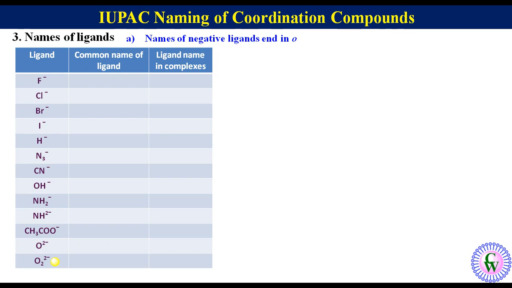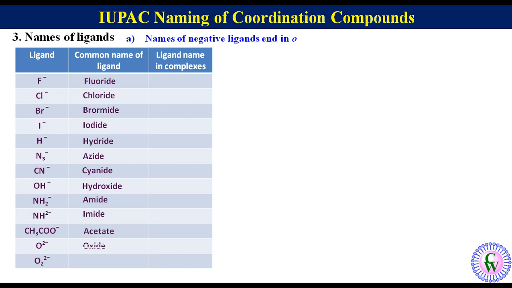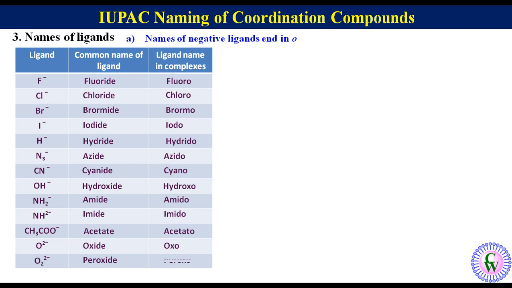These are commonly known as fluoride, chloride, bromide, iodide, hydride, azide, cyanide, hydroxide, amide, imide, acetate, oxide and peroxide respectively. In complexes, these are respectively known as fluoro, chloro, bromo, iodo, hydrido, azido, cyano, hydroxo, amido, imido, acetato, oxo and peroxo.